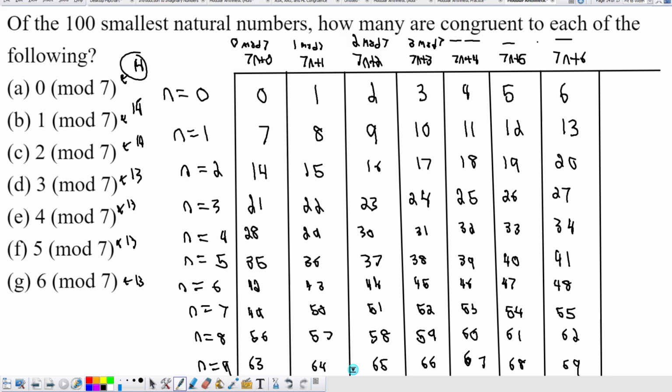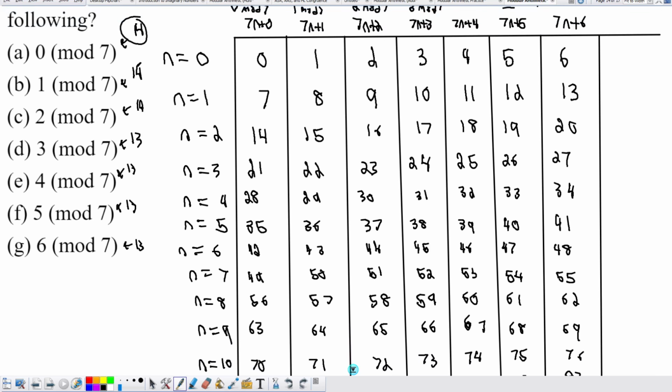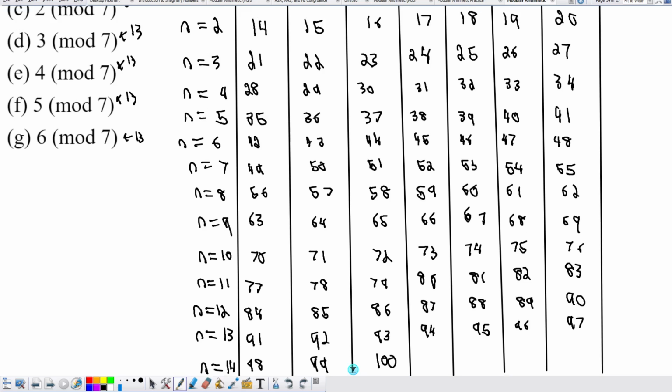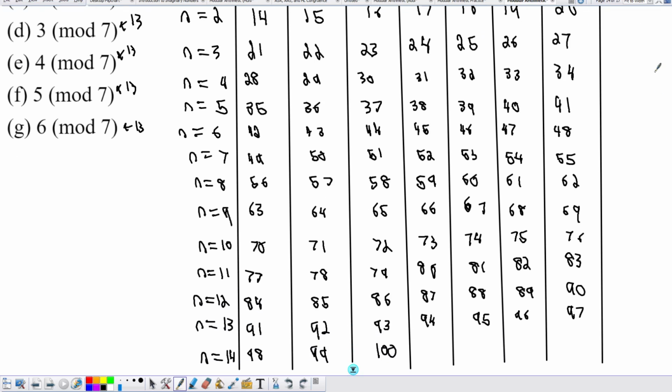So we can also see some very interesting results. For example, I can take any numbers in this column, so 23 and 72, and now I know that 23 is congruent to 72 mod 7. Specifically, that they're congruent to 2 mod 7.